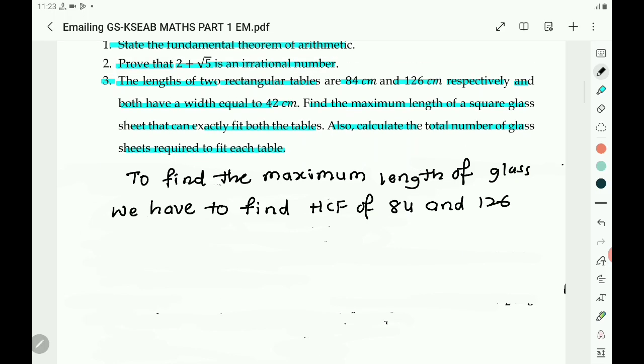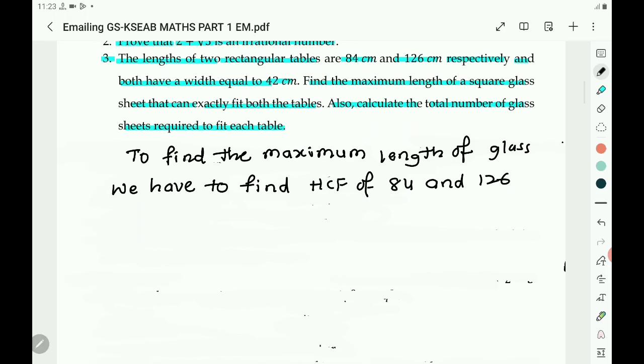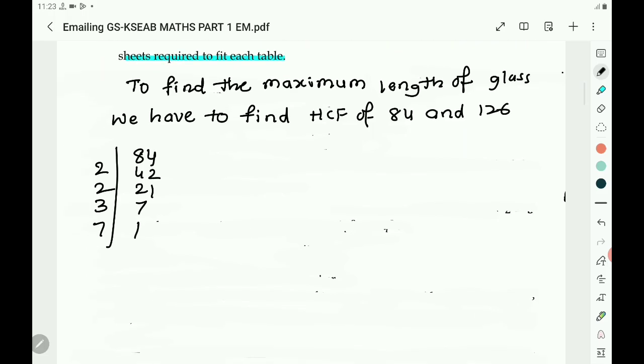Use the prime factorization method and find the HCF. Then you take 84. 2 4s are 8, 2 2s are 4, 2 1s are 2, 3 7s are 21, 7 1s are 7. Then you write 84 equals 2 square into 3 into 7.